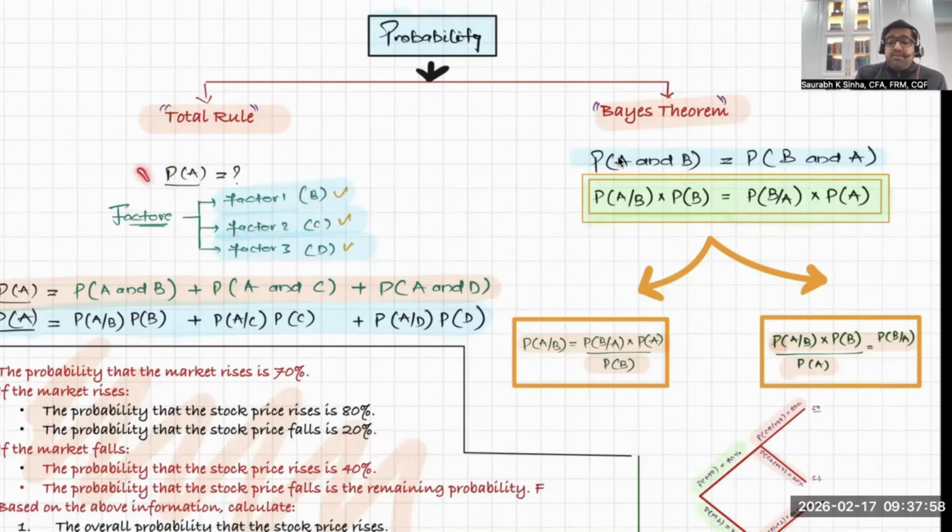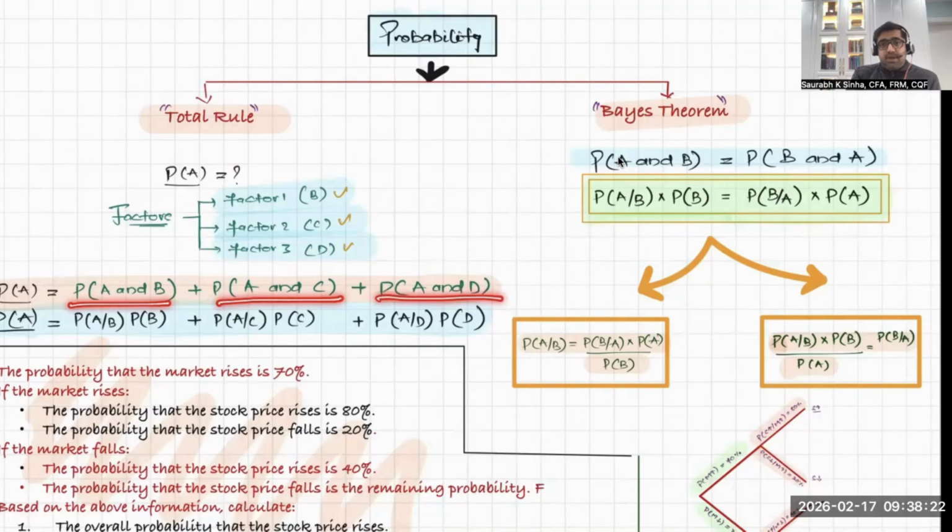And if I'm interested in finding the purest probability of A only, then I would write it as probability of A is equal to probability of A and B plus probability of A and C plus probability of A and D. Now, we discussed in the last session that this refers to the AND rule.